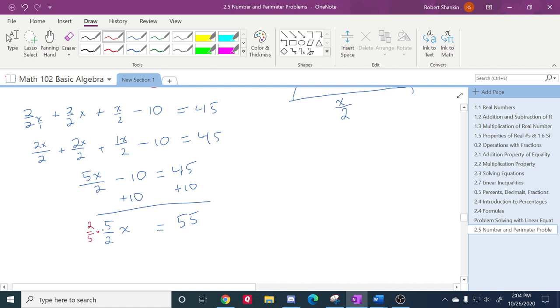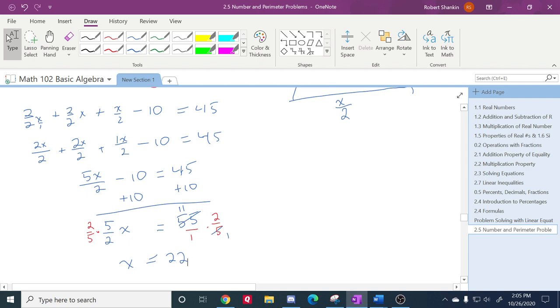And it's kind of nice that we have that fraction in front of the x at the same level as the fraction bar. The 2's cancel, the 5's cancel. You get x, 55 divided by 5 is 11, and x is 22. Then we got x is 22.